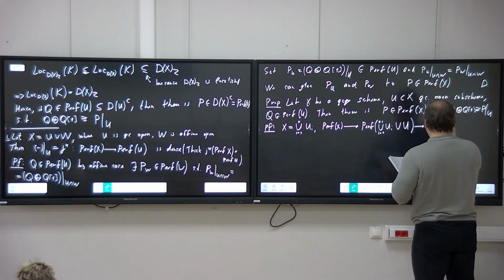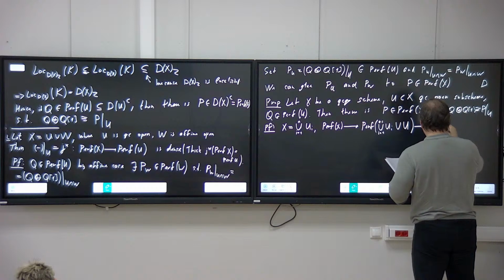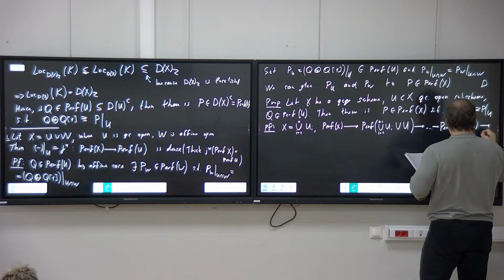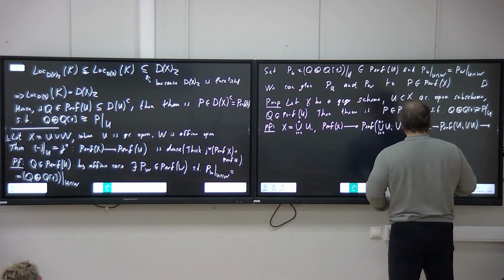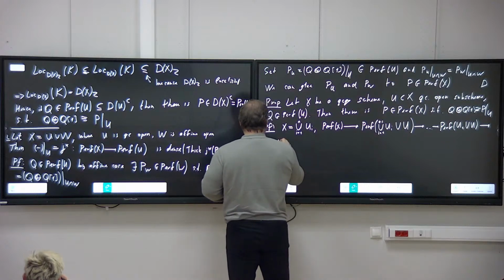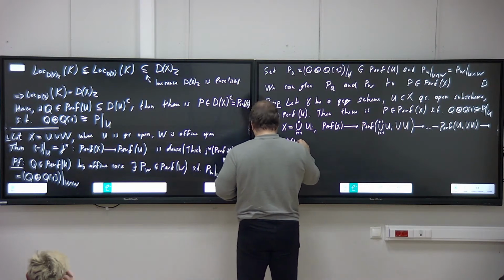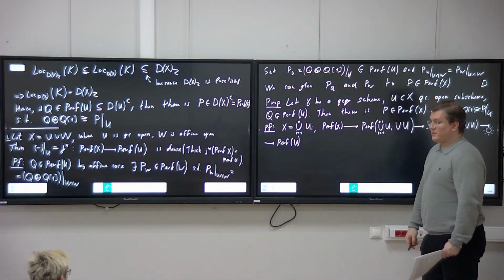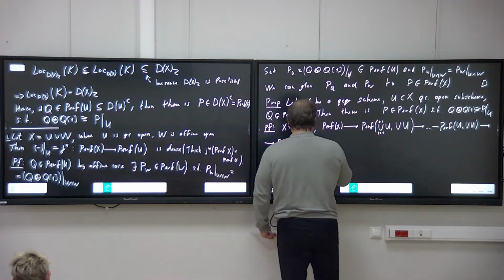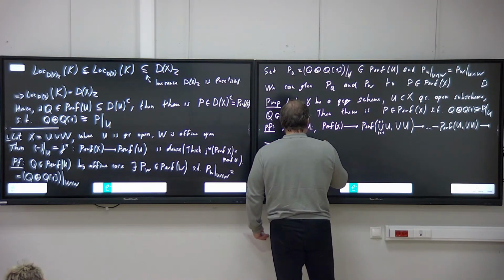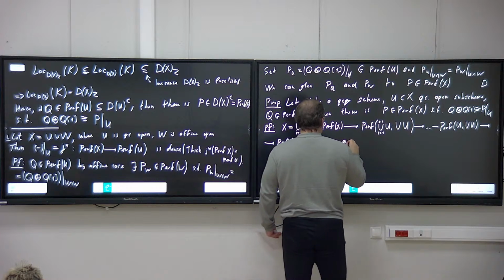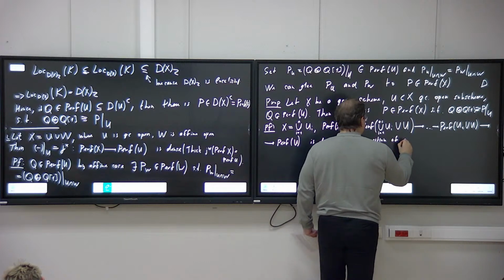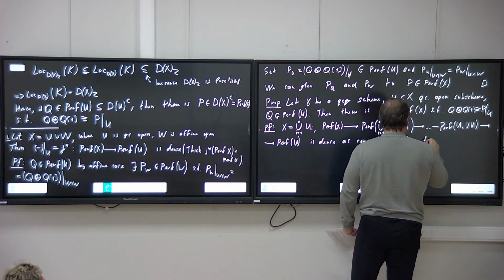So this will be perf of U_1 union with U, and finally the last step will be just perf of U. Each of these functors is dense, so the composition is dense, as a composition of dense functors.